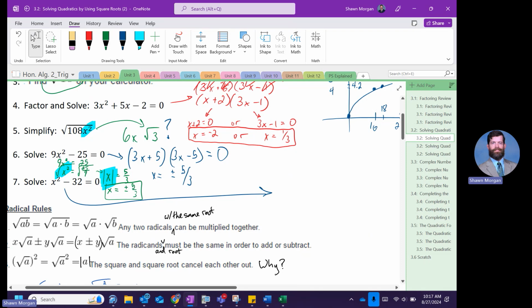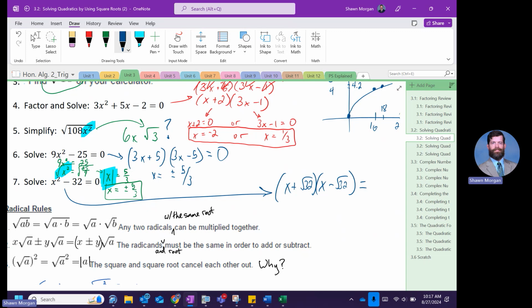It doesn't factor over the integers. It factors over the real numbers. So this would be x plus square root of 32, x minus square root of 32. What's the C word that describes the relationship between those two parentheses? Thank you, Alfredo. The conjugates. And when we multiply conjugates together, what happens to the outer and inner?